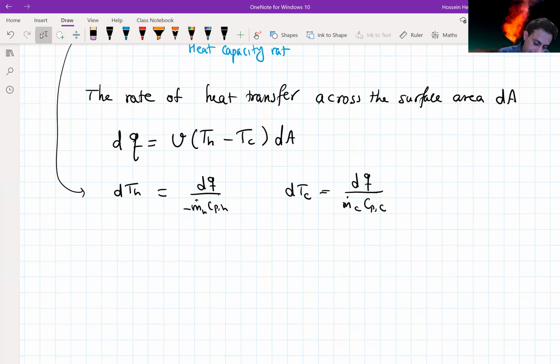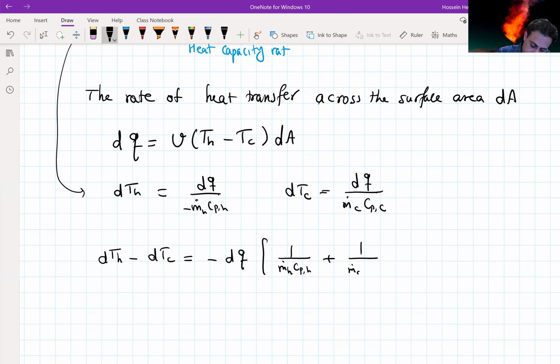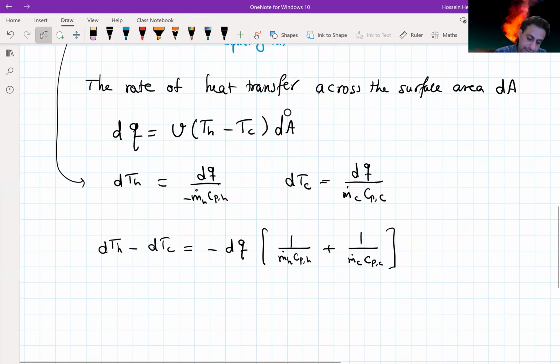If I write dTh minus dTc from the above, it is going to be minus dq times (1 over m dot h Cph plus 1 over m dot c Cpc). So this is the difference between them, and I'm going to use what we have written for the dq and replace it here.